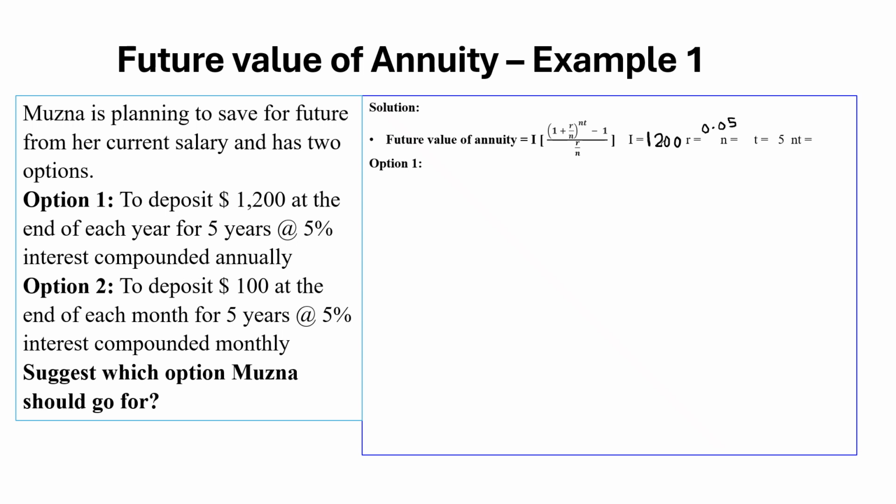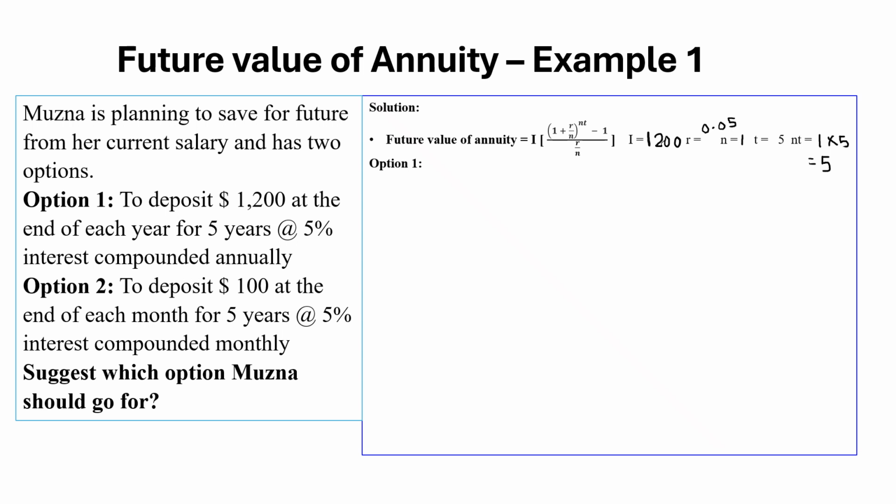What is my N? It is compounded annually, so my N is 1. What is my T? T is 5. So my NT will become 1 multiplied by 5, which is 5.